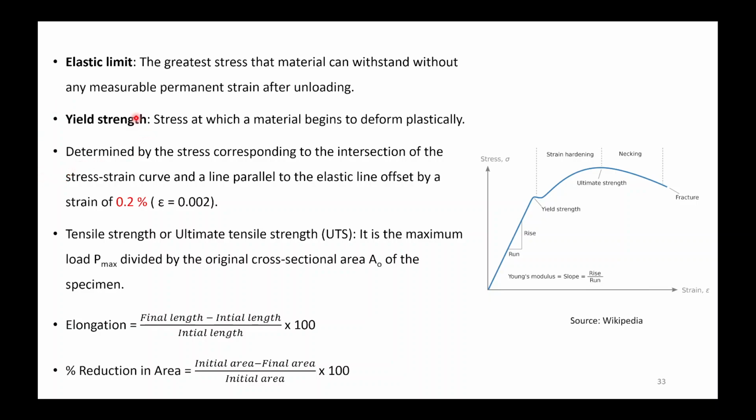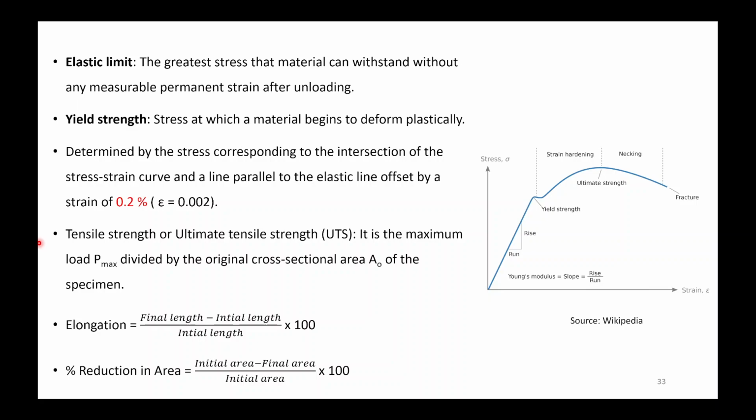Yield strength can be easily defined in case of some ferrous materials, but in case of non-ferrous materials, you have to find it by drawing a parallel line to the linear part, with an offset of 0.2% strain.